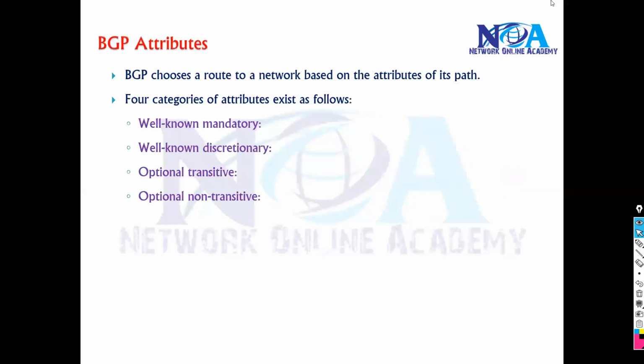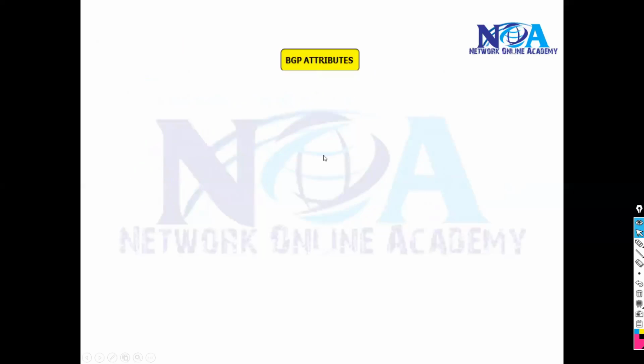So the first thing we'll try to understand is what exactly the BGP attributes are. Attributes generally refer to the options used to calculate the best route. In BGP there are 4 different categories of attributes. The main classification is well-known and optional attributes.